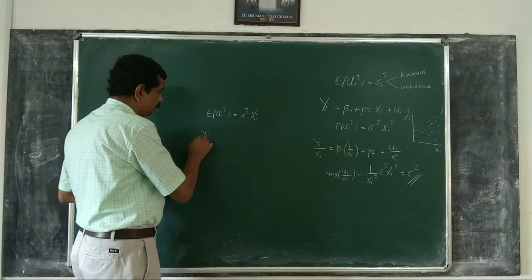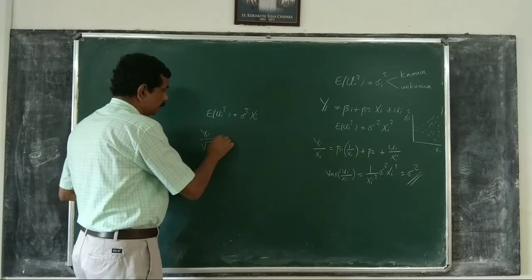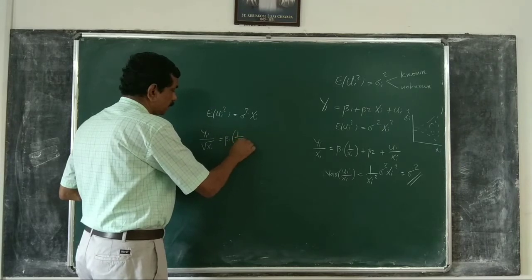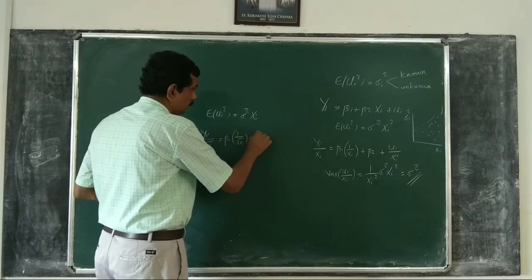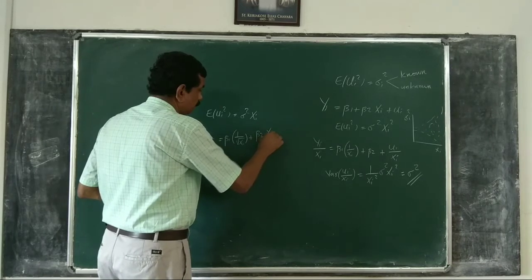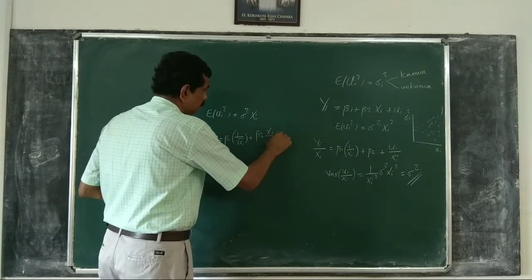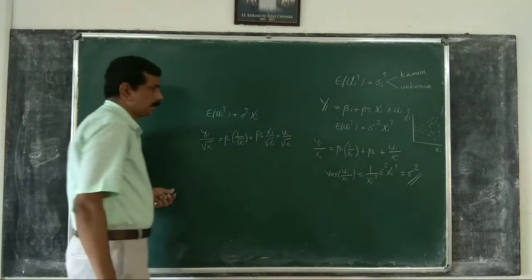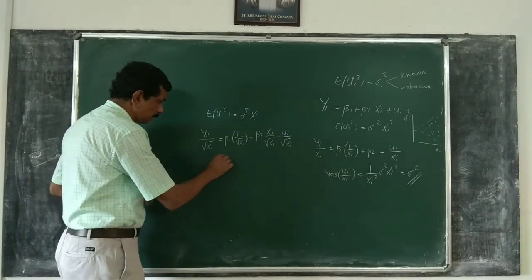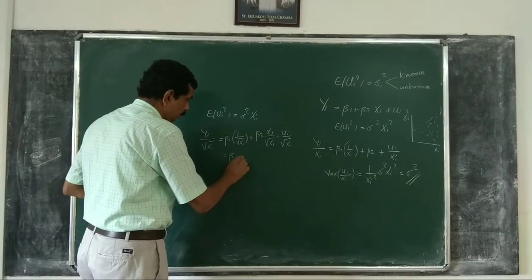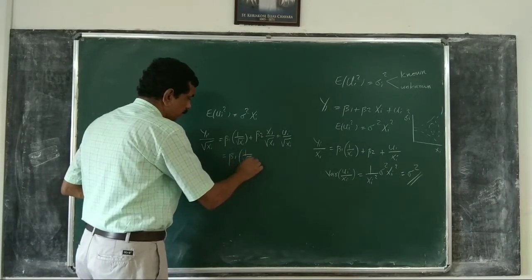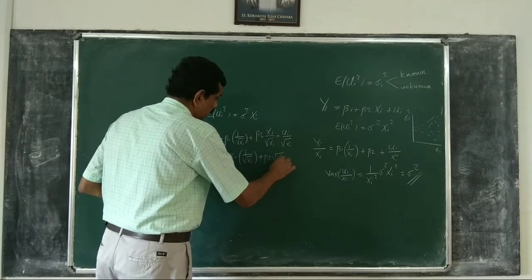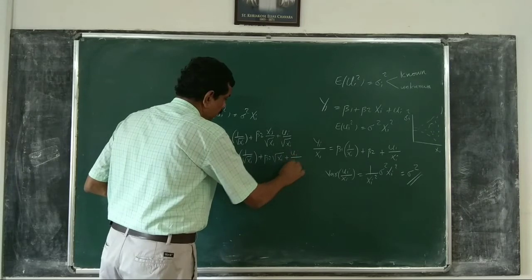That is, yi by root xi is equal to beta 1 into 1 by root xi plus beta 2 xi by root xi plus ui by root xi. This can also be written as beta 1 into 1 by root xi plus beta 2 root xi plus ui by root xi.